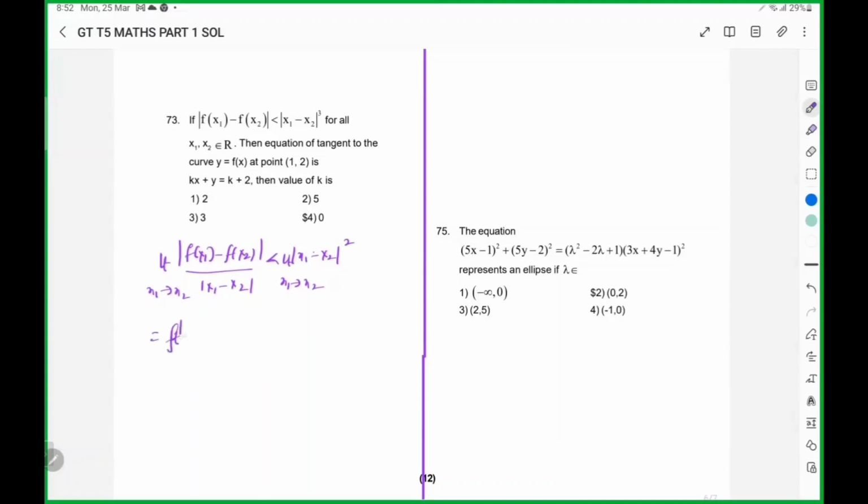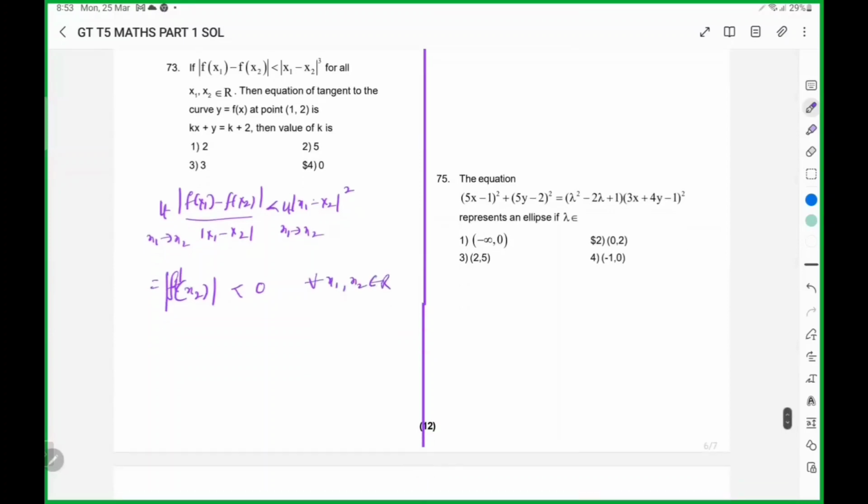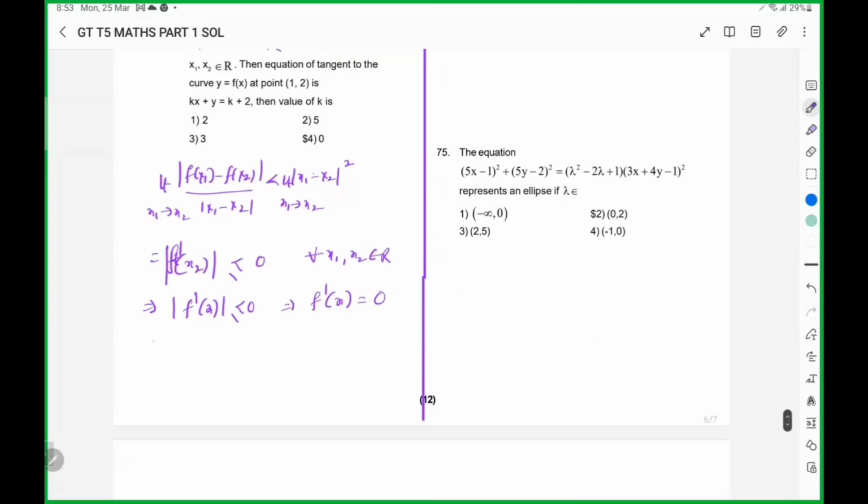I will write f dash x2 is less than 0. So this is for all x1 comma x2 belongs to R, means I can say f dash x is less than 0. Modulus cannot be less than 0. So modulus must be 0, only possibility. That means f of x is constant.